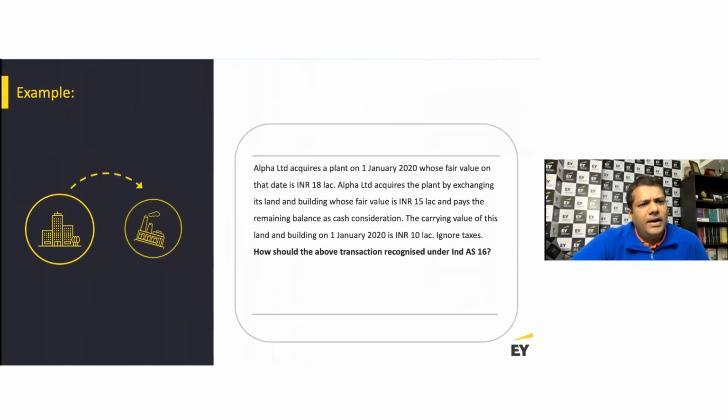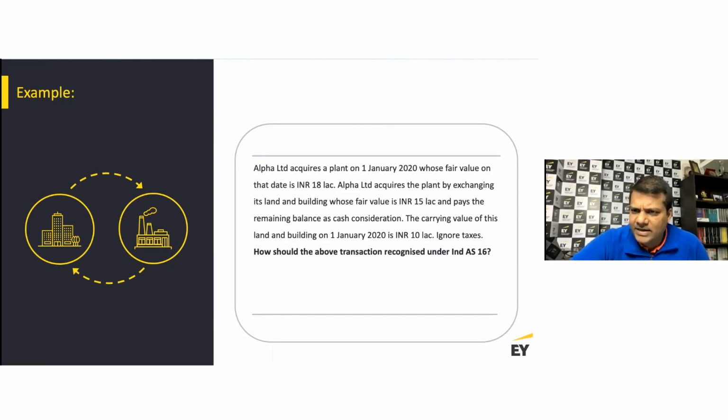Here we are talking about exchange of one asset for another asset, and there is some cash also being involved. The question here is: Alpha Limited acquires a plant on 1st of January 2020. All the dates are very important. Alpha Limited acquires a plant on 1st of January 2020, whose fair value on that date is INR 18 lakh.